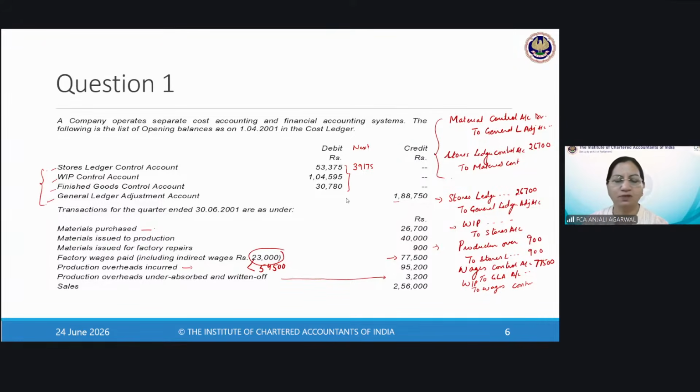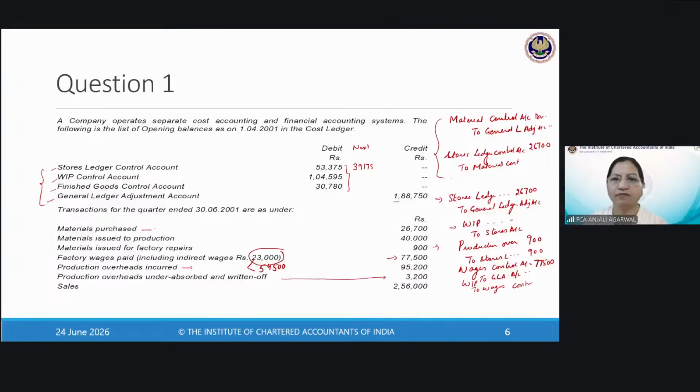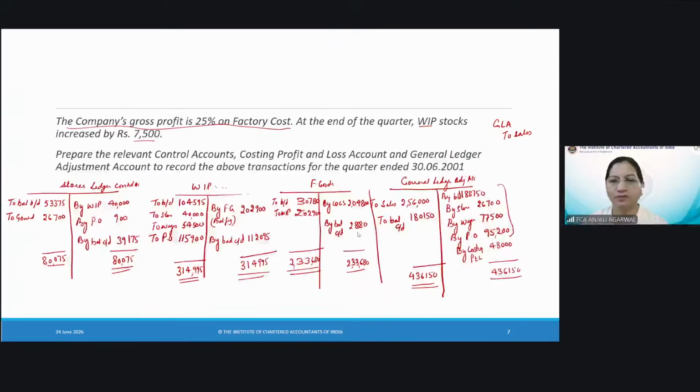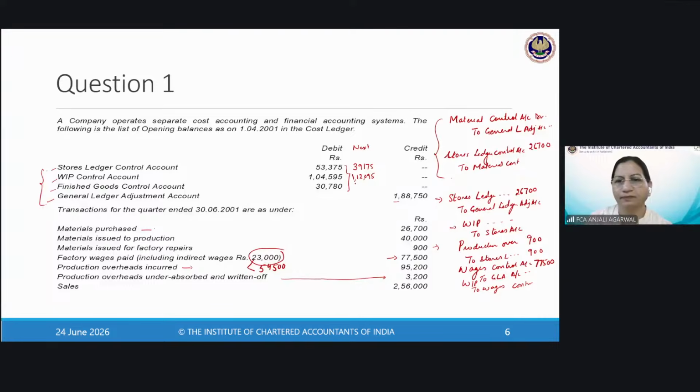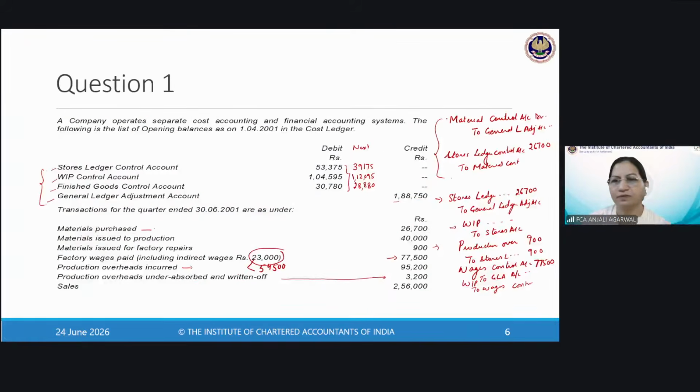So we had stores closing balance as 39175, WIP closing balance as 1,12,095, finished goods closing balance as 28,880, and general ledger closing balance as 180,150.